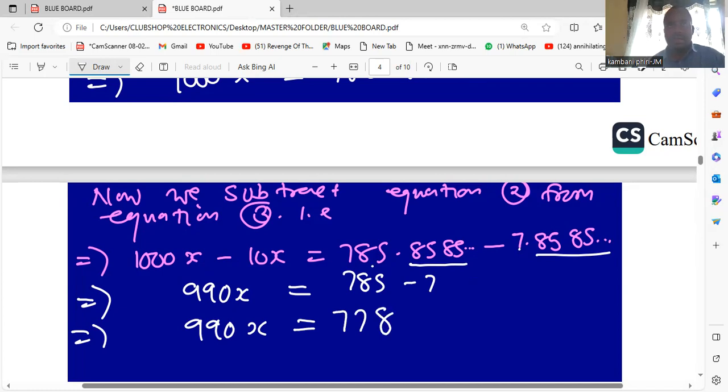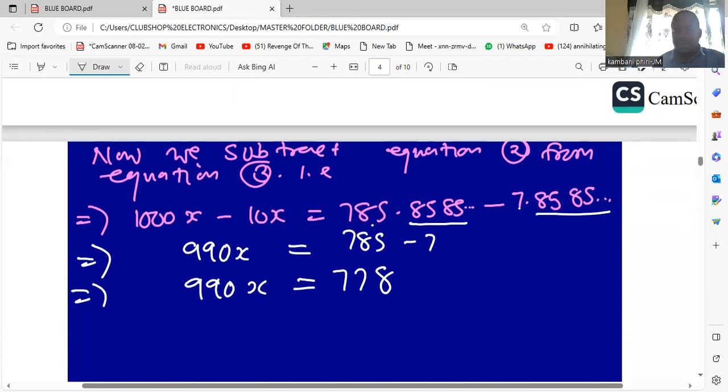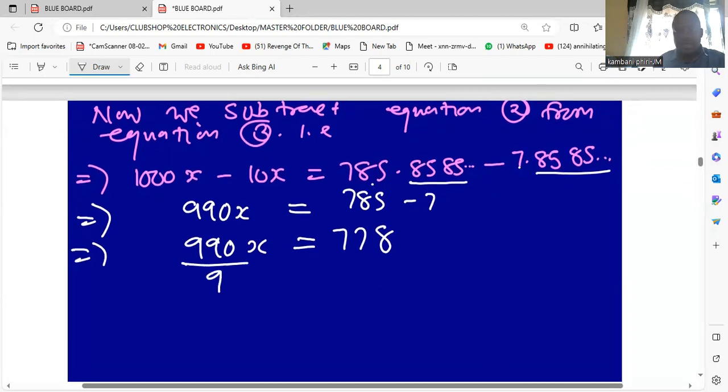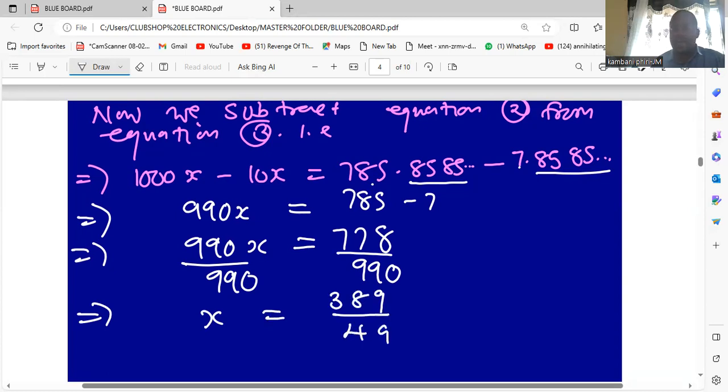So we divide by 990. x will be equal to, when you reduce this, 389 divided by 495.